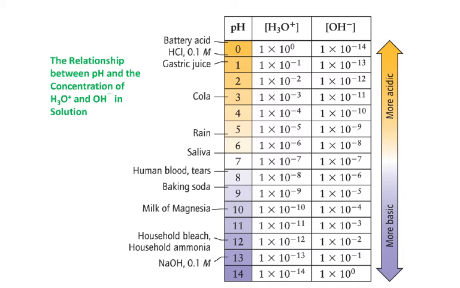And let's see, remember we said human blood is 7.4, so it's marking it here. Saliva was slightly less, so it's marked towards more acidic at about 6. Some other things to consider, cola, yes, cola that you drink has a pH of 3.